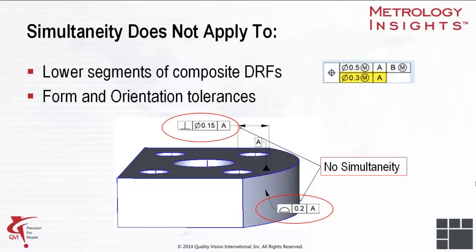The lower segments of a feature control frame control orientation only, and simultaneity does not apply to them by default. Secondly, simultaneity does not apply to form and orientation tolerances. In the example shown here, simultaneity does not apply to the orientation and profile callouts, even though datum A is referenced in both FCFs in the same manner.